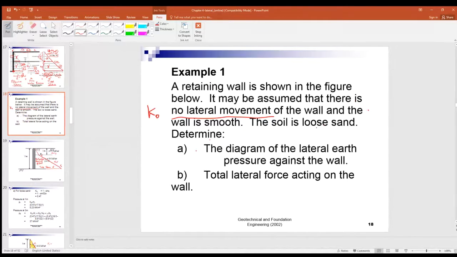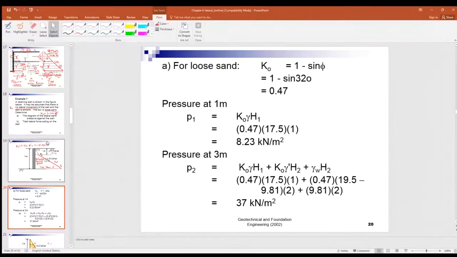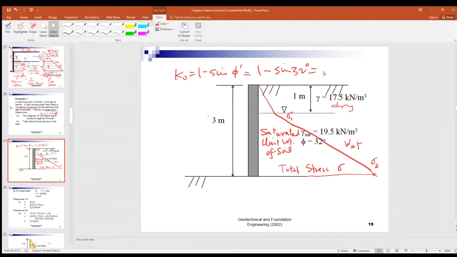K naught equals 1 minus sine phi, which is 1 minus sine 32 degrees. What's that? 0.47.